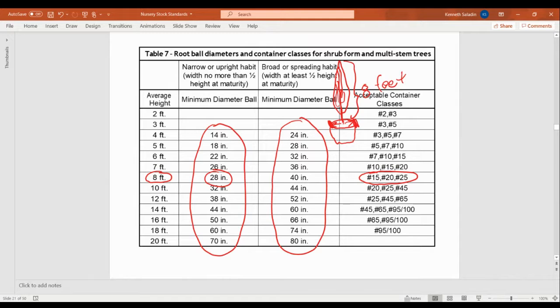If we took an 8-foot tree and put a 12-inch diameter ball on it, we're going to cut and lose a lot of the root system. The larger the tree is, the greater the diameter of the root ball needs to be in order to capture more of the root system so the tree can survive when we transplant it.